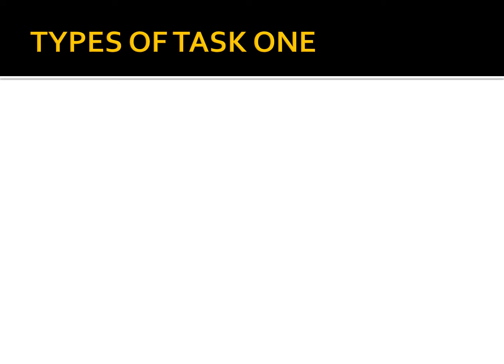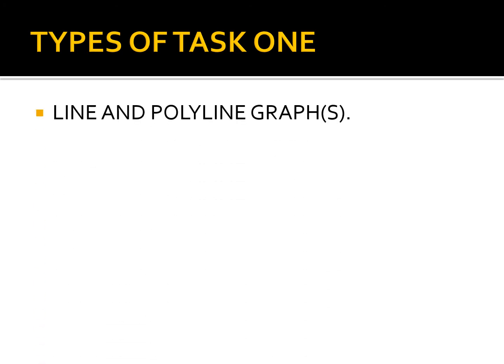Let's see the types of task 1. Today in this video we'll check task 1 in detail. The first type of task 1 is the line and polyline graph.